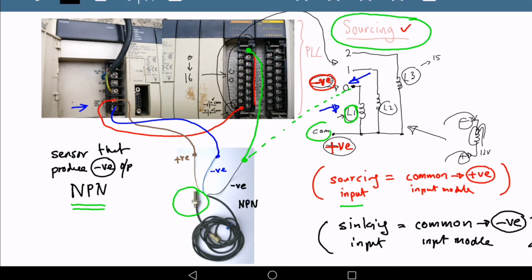So you just need to remember one of this. It's either sourcing or syncing. So sourcing, common of input module connected to positive. That's all.